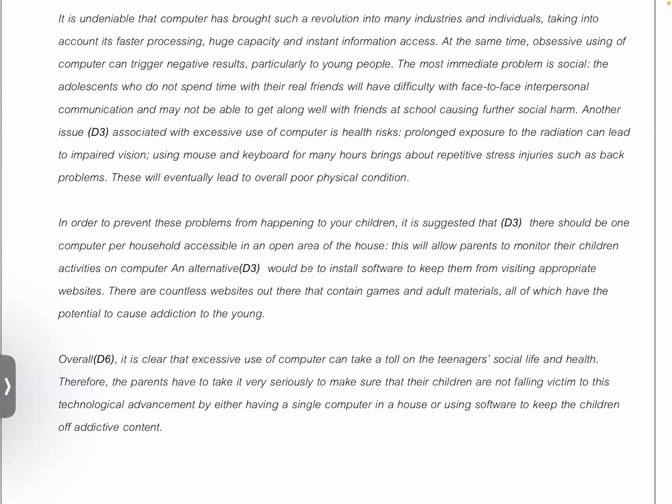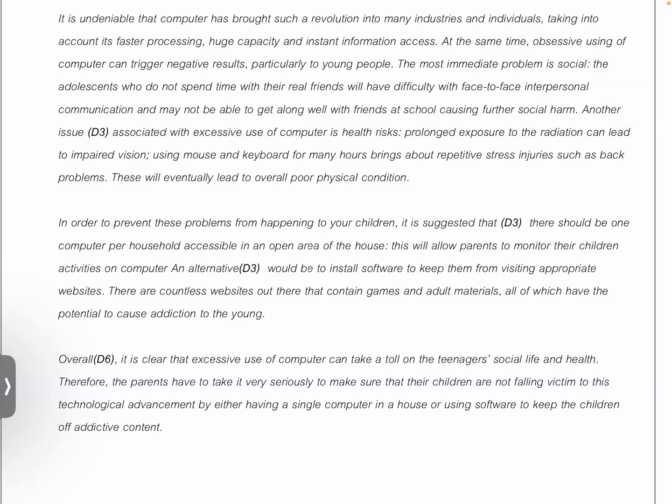In case the young people come across inappropriate websites, like adult websites, like pornography by accident, and then they become addicted to it, the parents can install a guardian software, and the guardian software will do the job of parenting by blocking the access to pornographic websites. There are countless websites out there that contain games and adult materials, all of which have the potential to cause addiction to young people.